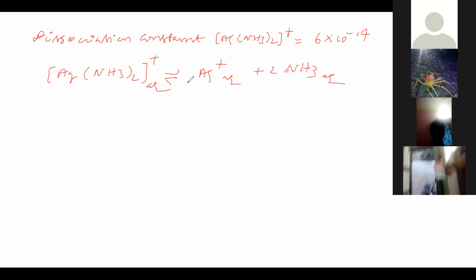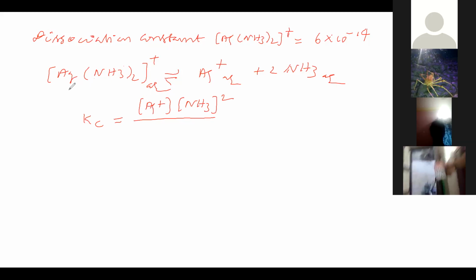For this we can write the equilibrium constant, that is called Kc. In the numerator you have to write the right side: one is Ag plus aqueous, another one is ammonia. For ammonia, the coefficient is 2, which we write as a power.